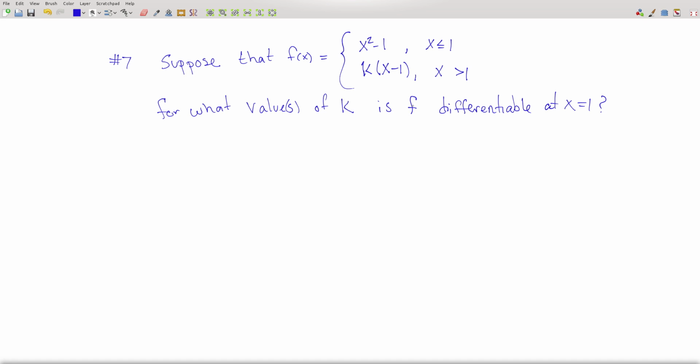Take a second to read the question carefully and think about what important words might help to decide what we're trying to do here.